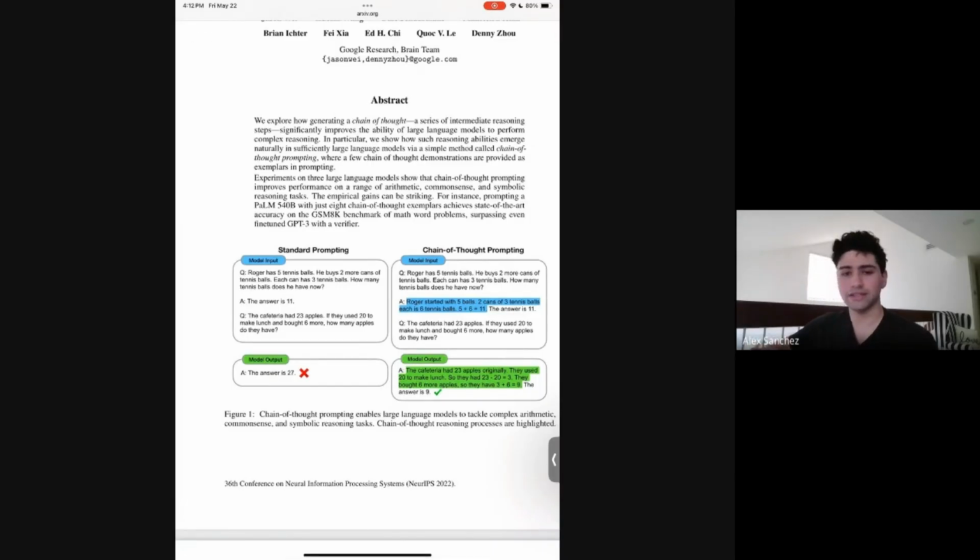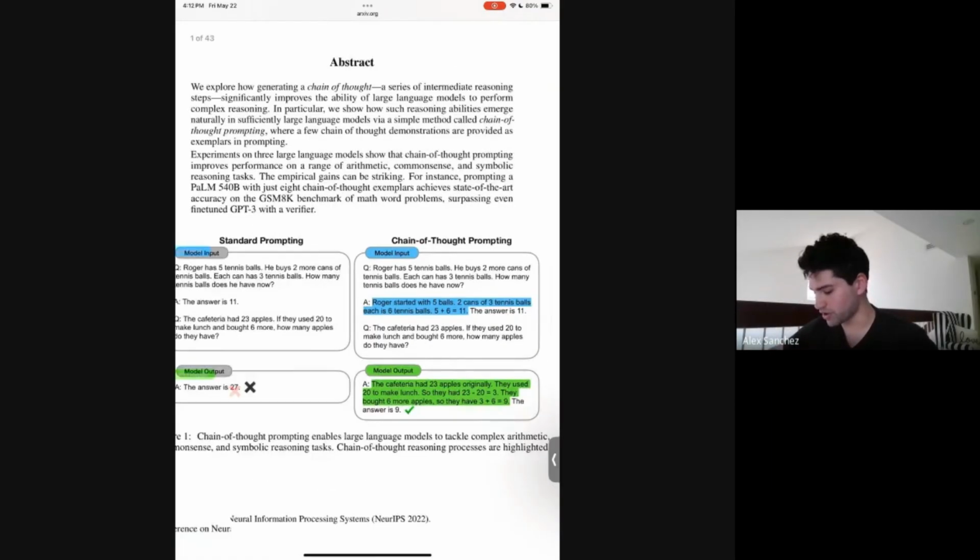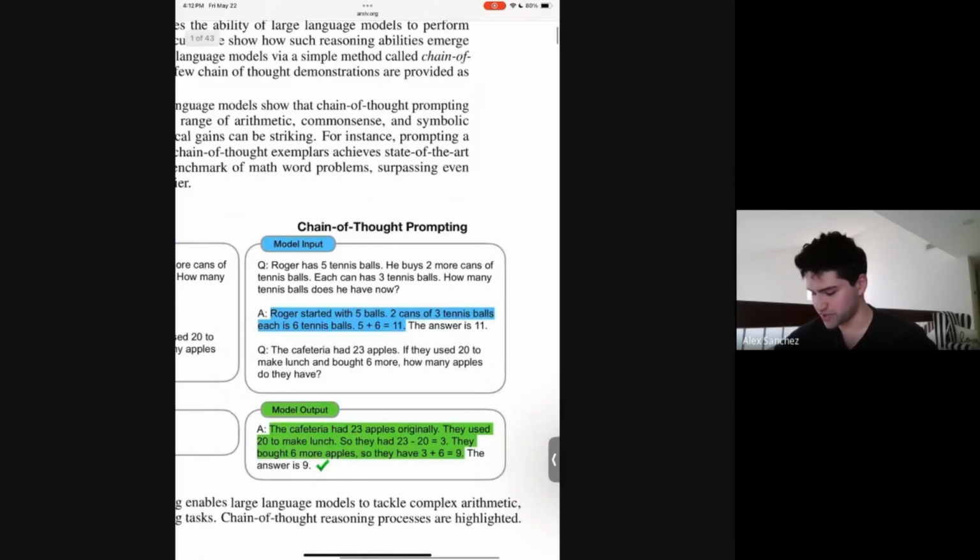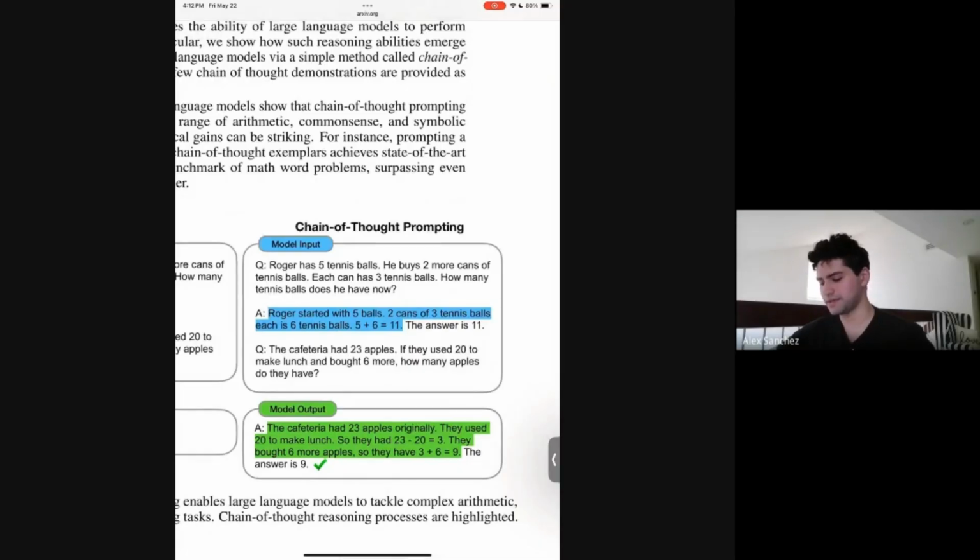You don't get that part where, in contrast, it goes, Roger started with 5 balls and then 2 cans of 3 equals 6. It creates this chain of thinking that elicits better performance in answering complex problems, specifically related to math and a lot of logic-focused things.